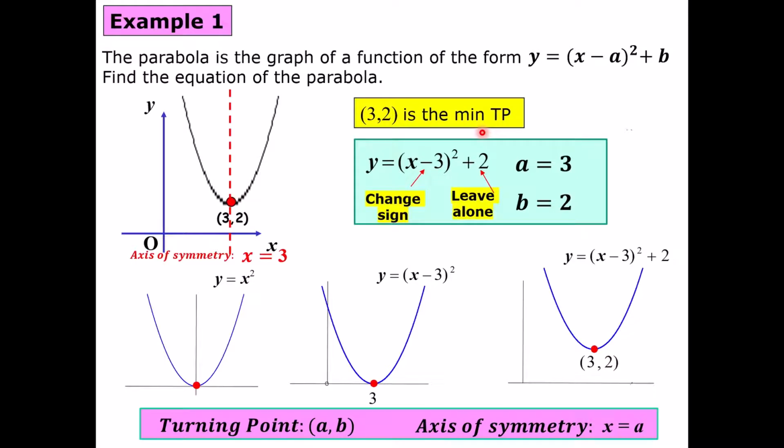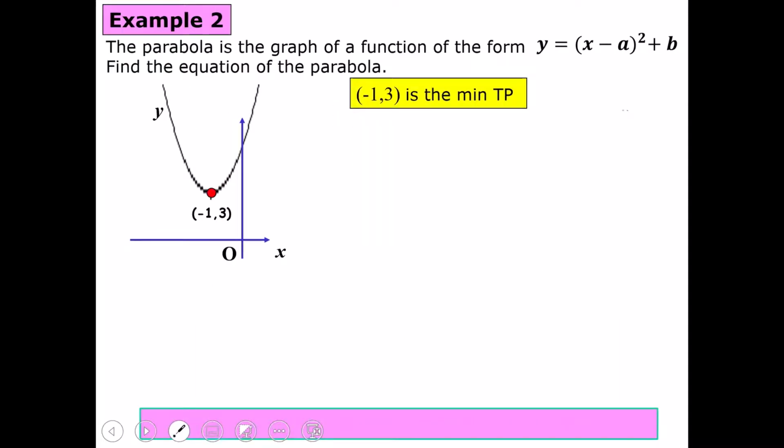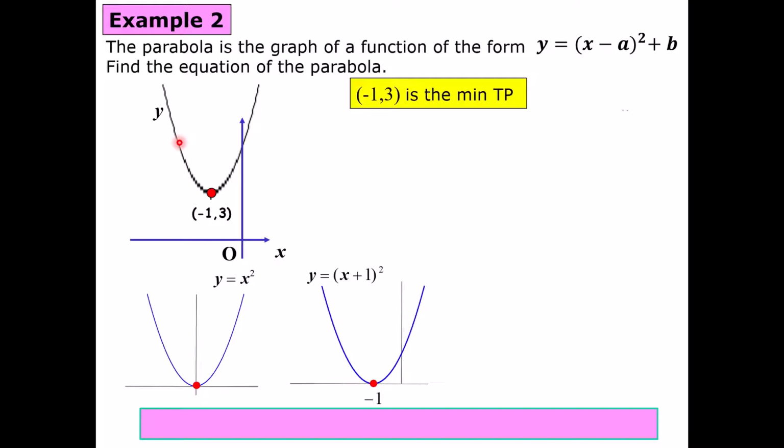Let's look at another example. So again, the parabola is a graph of a function in the form y equals x minus a squared plus b. This time our turning point is -1, 3. And it's a minimum turning point. So starting from your standard y equals x squared, it's moving back -1. That's why we've got +1 here.